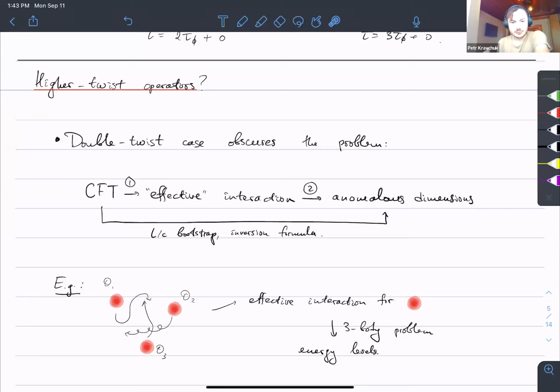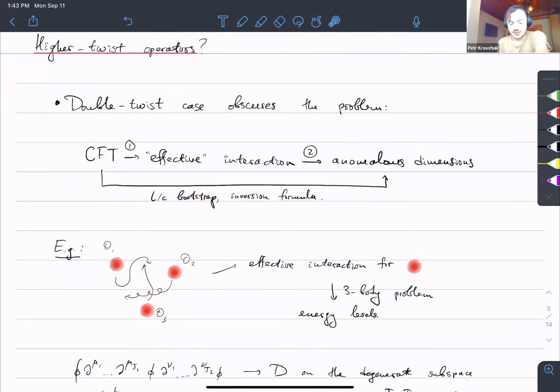That's not so easy anymore if you try to understand, say, the 3-body problem, because if you have these 3 blobs, the first question is how they interact, but even if you know how they interact, it's still a 3-body problem, and you need to solve that.